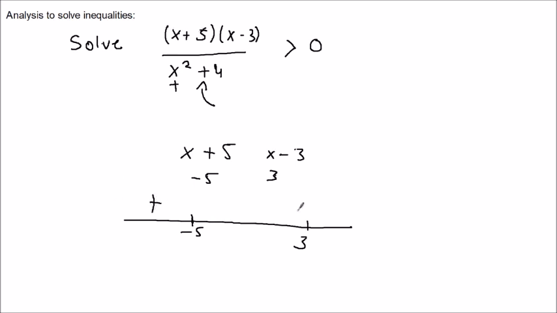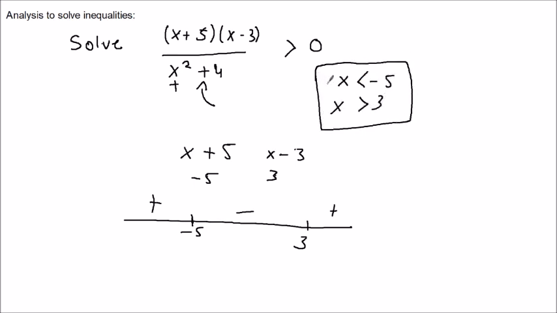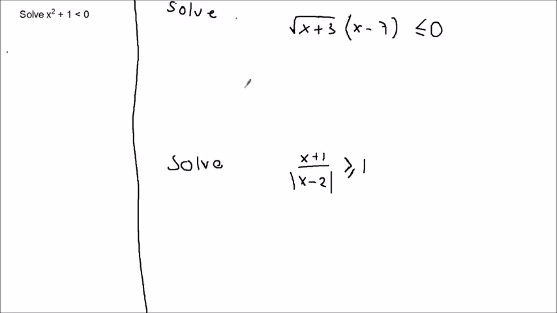So that's positive, and that's positive, so the middle has to be negative. Therefore, it's when x is smaller than -5, and when x is larger than 3. That's all you have to do. You don't have to graph it. Well, you do have to graph it if they tell you to, but you don't actually have to graph the function in order for you to know that that's the inequality answer, right?